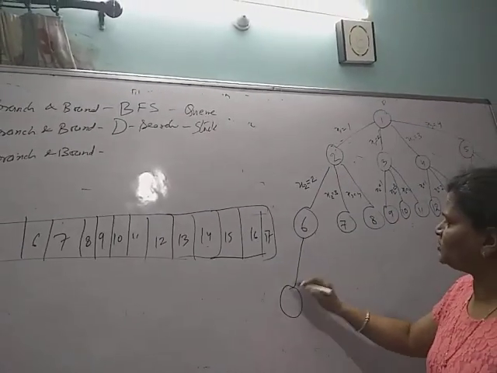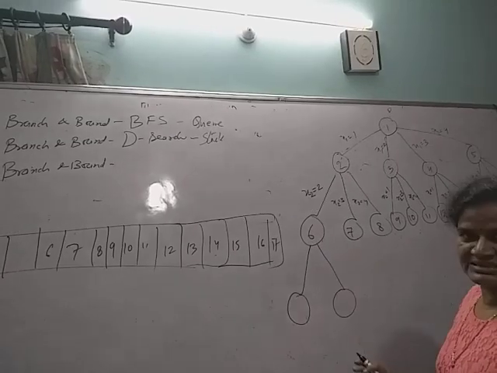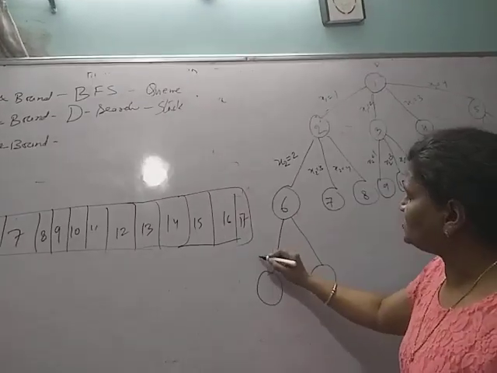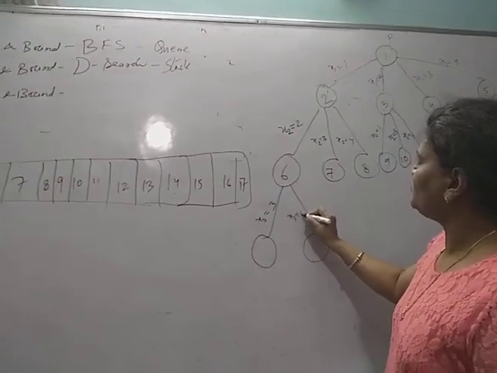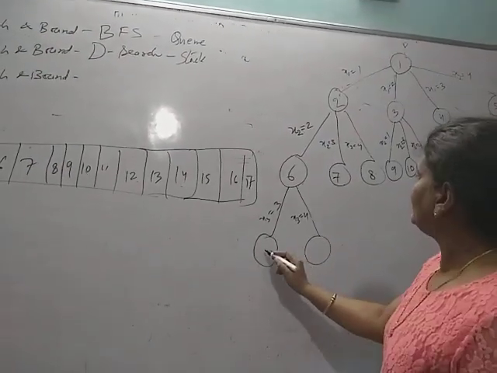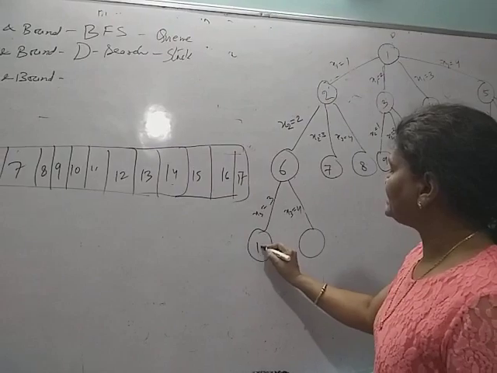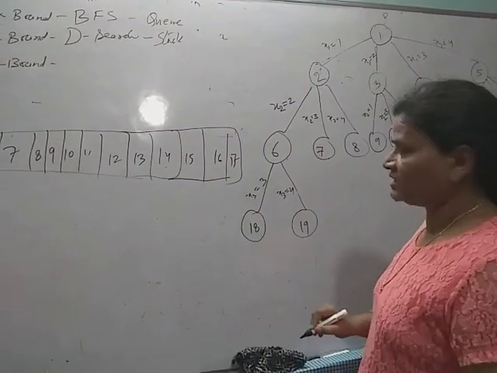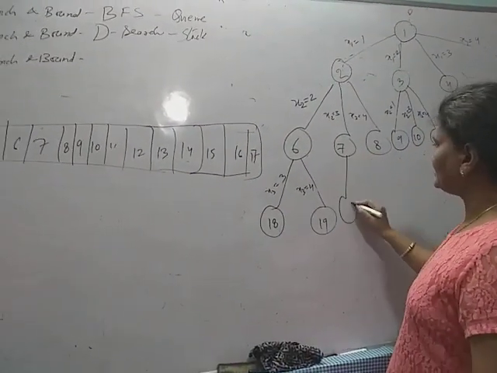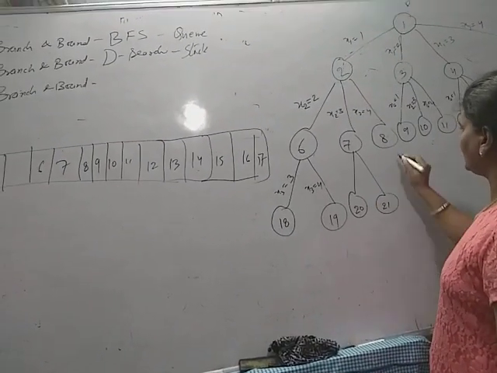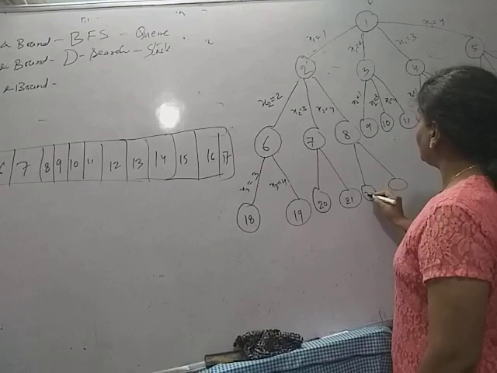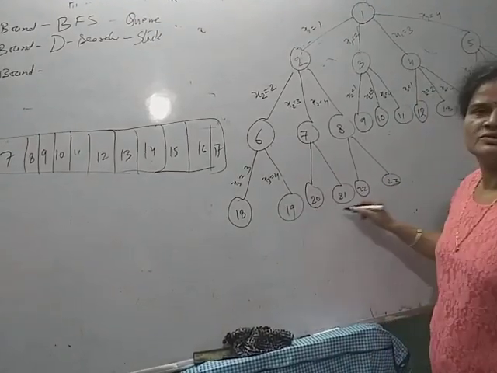There are 2 possible options for the 6: x3 equal to 3, x3 equal to 4, giving 17, 18, 19. Okay. Then next this one: 19, 20, 21, 22, 23 and so on.